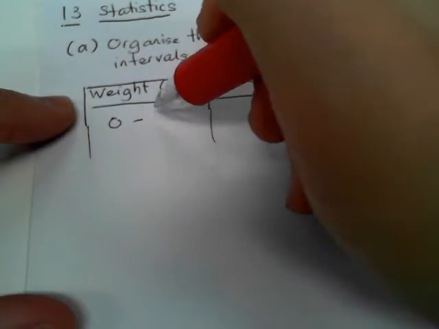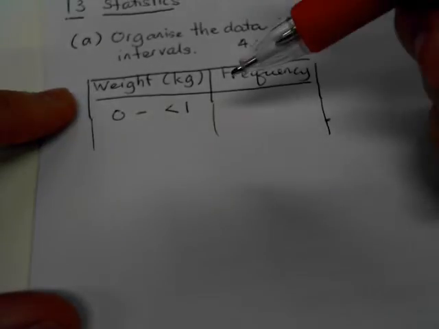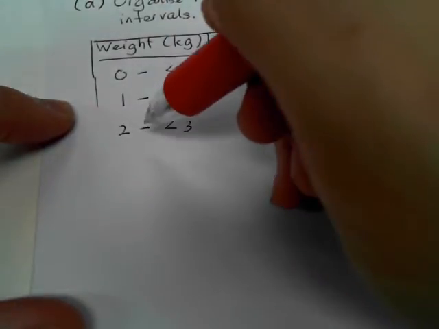So we'll start off with 0 to less than 1. Okay, and then after that we can go on with 1 to less than 2. Then 2 to less than 3, and then 3 to less than 4. And then of course 4 to less than 5. Right, this is how we can classify at this point.